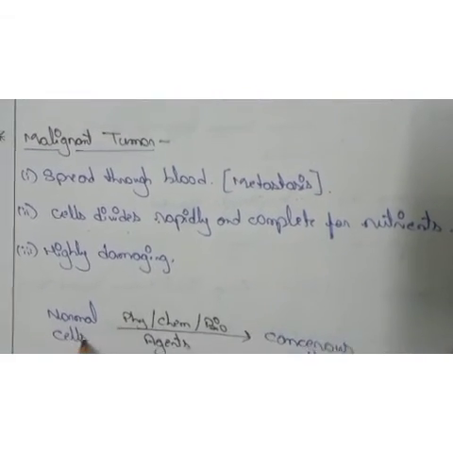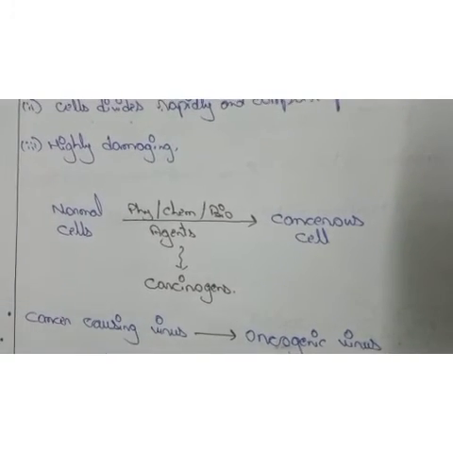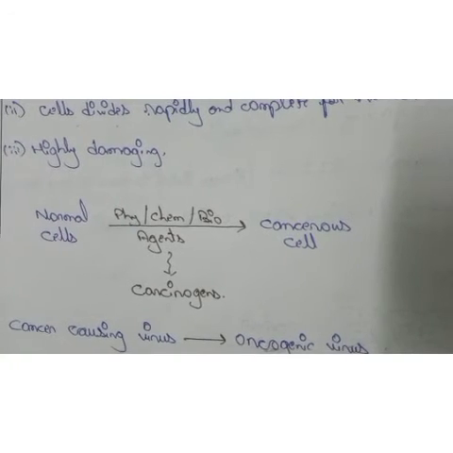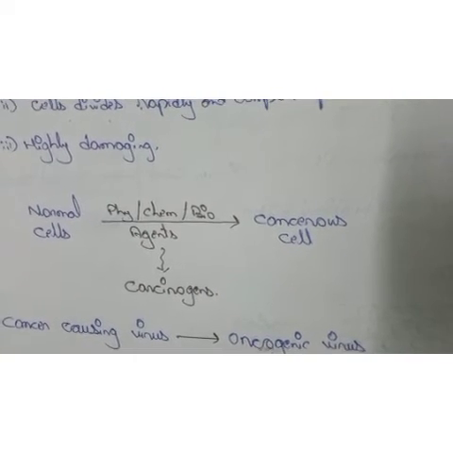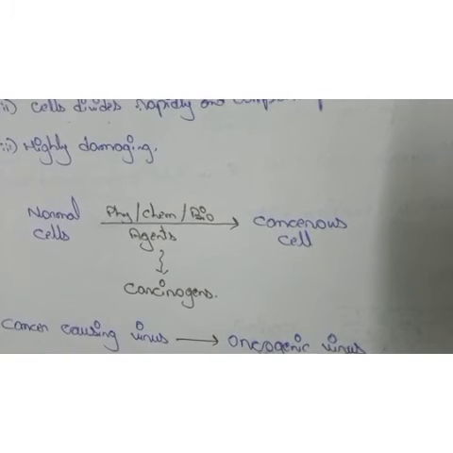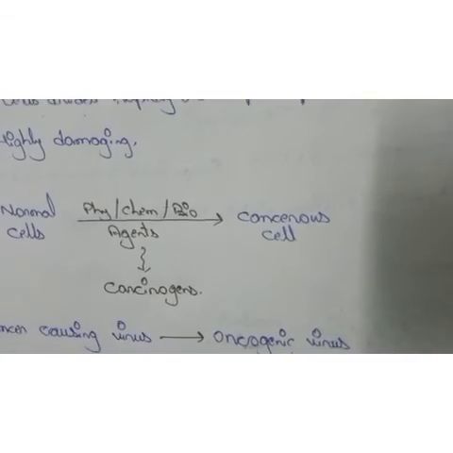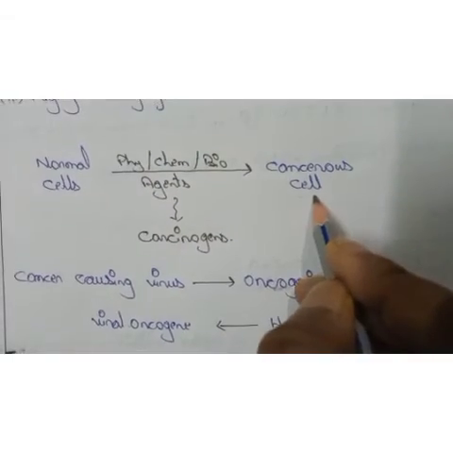Physical, chemical and biological agents that can convert a normal cell into a cancerous cell are carcinogens.